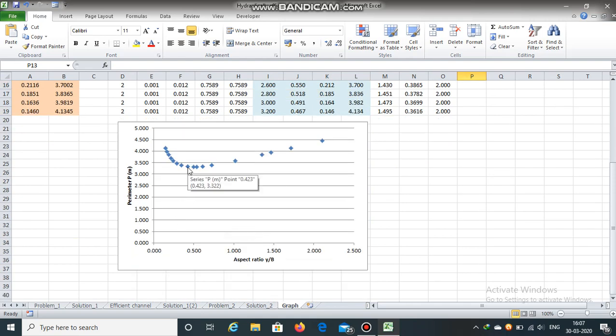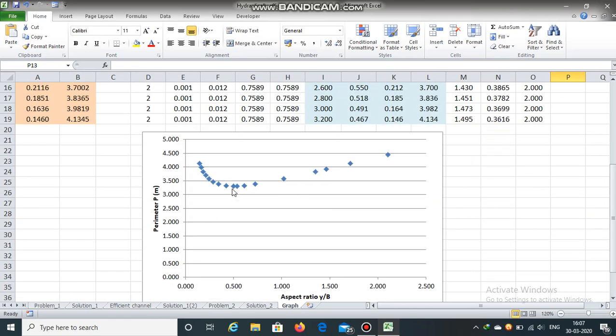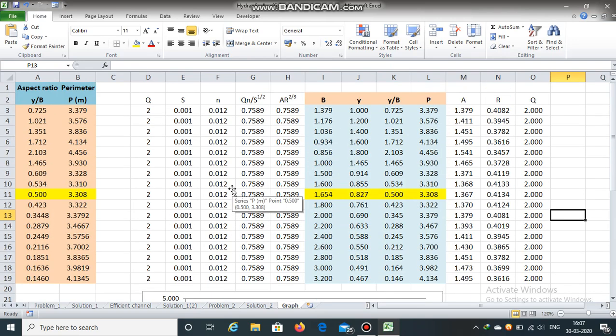Perimeter is minimum at this point. When y divided by b is 0.5, perimeter is minimum, equal to 3.308. And we obtain an efficient channel.